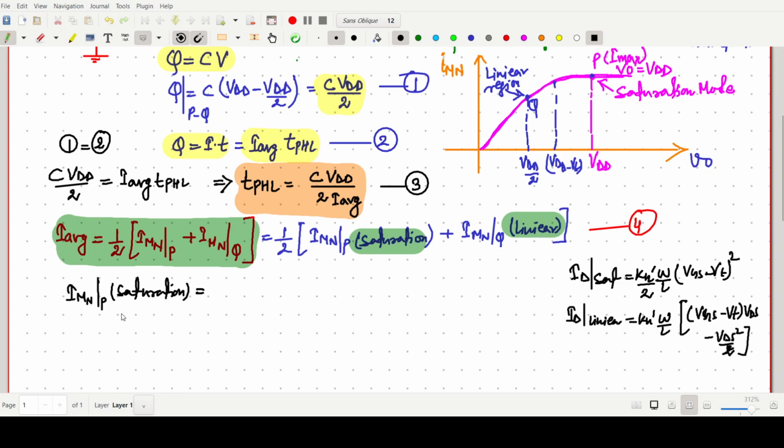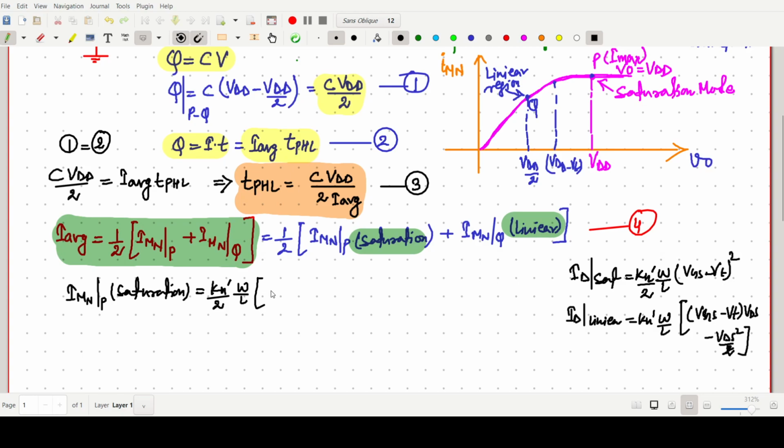So IMN at saturation is simply we can write as Kn dash by 2 W by L. Now VGS is nothing but simply our gate to source as an input.